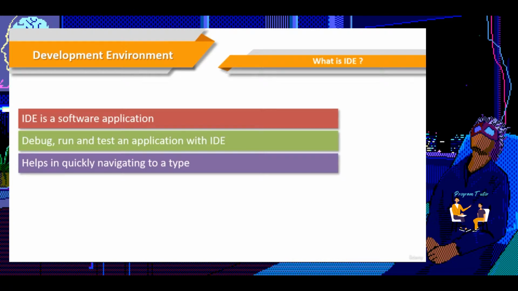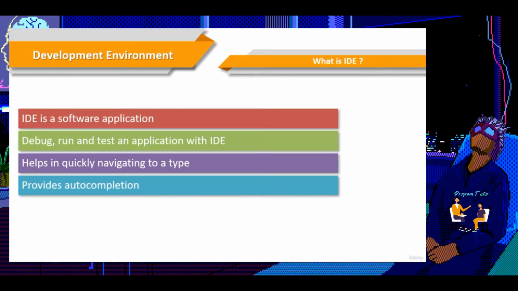So an IDE helps us in quickly navigating to a type without really needing to worry about our project. It also provides auto-completion. That means you start typing a part of a function or a class name and press a shortcut combination, then the rest of the name will be automatically typed in for you.